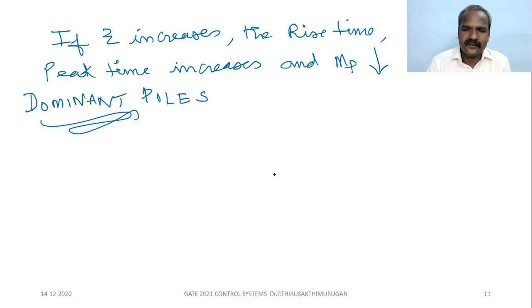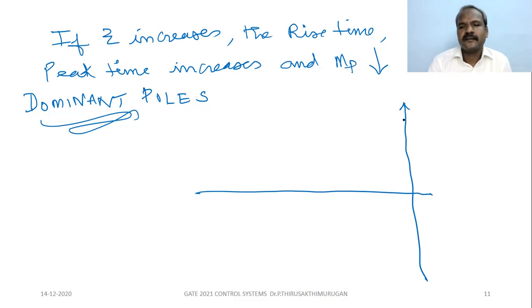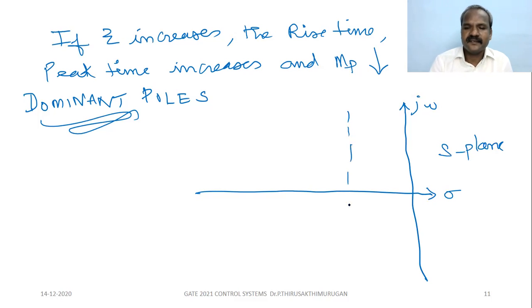When we consider the pole zero diagram, with j omega and sigma real, this is the S plane, this region near the imaginary axis is the near poles region or dominant pole region.